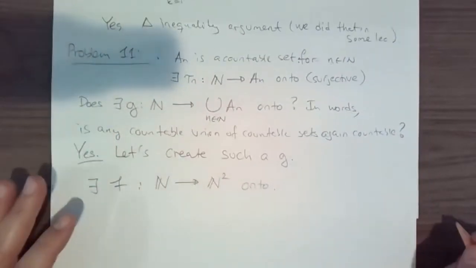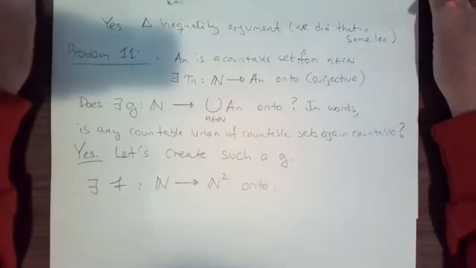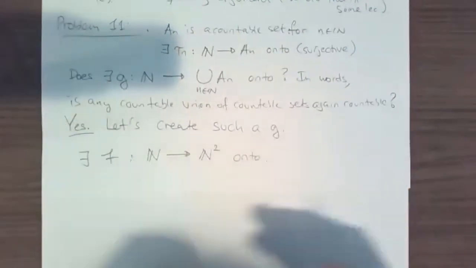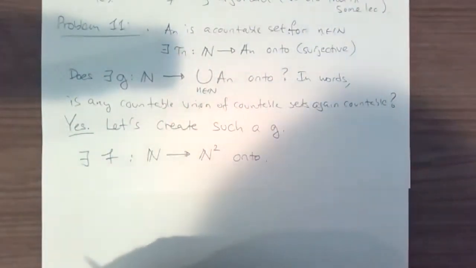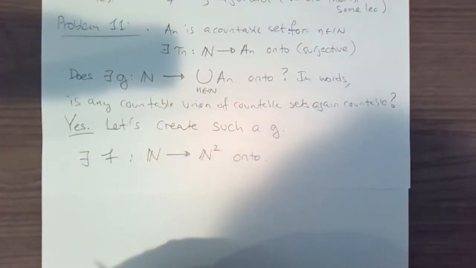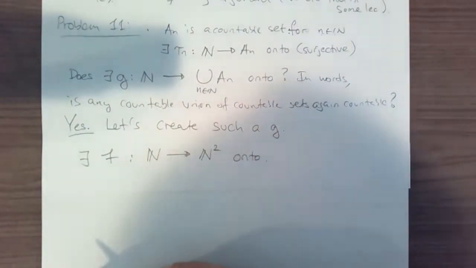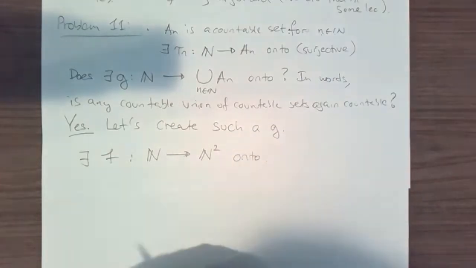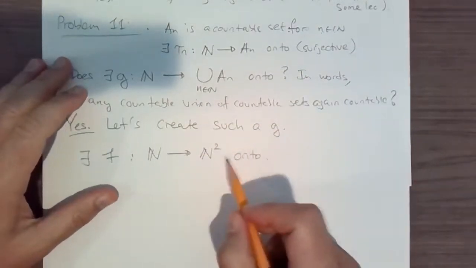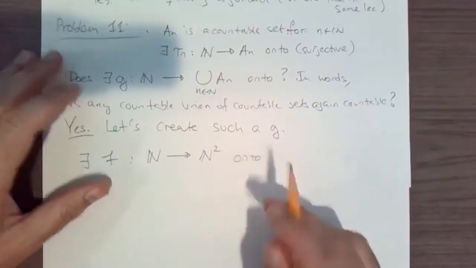I'm hoping that everybody is okay with that. Is that something that we feel comfortable about? N and N squared are about the same. How would one go about doing it?